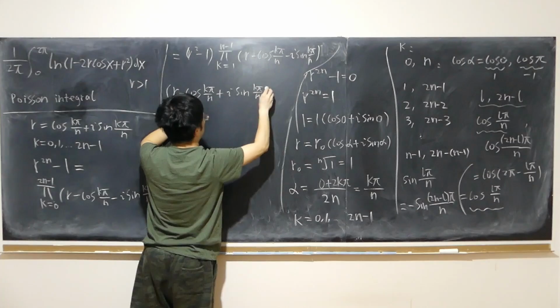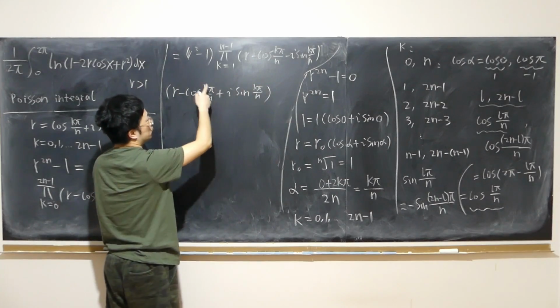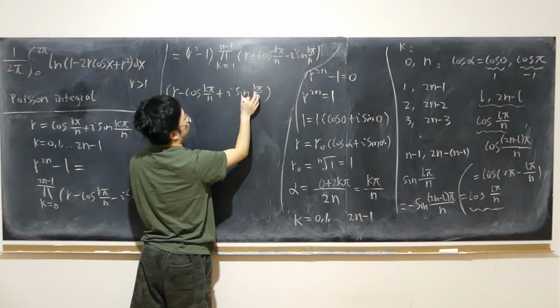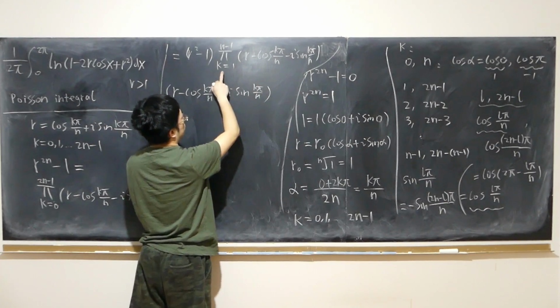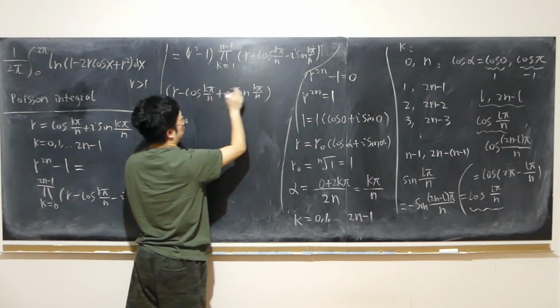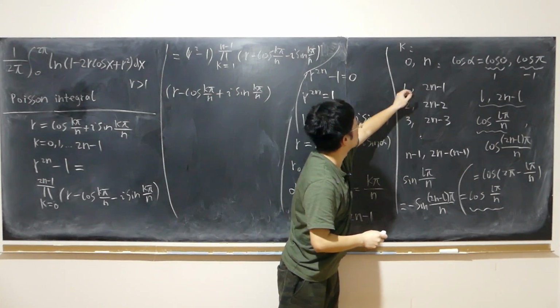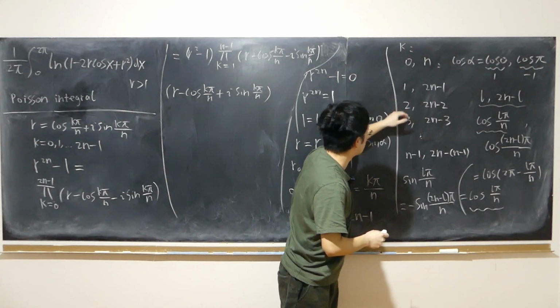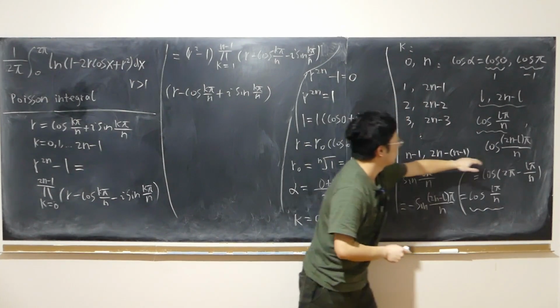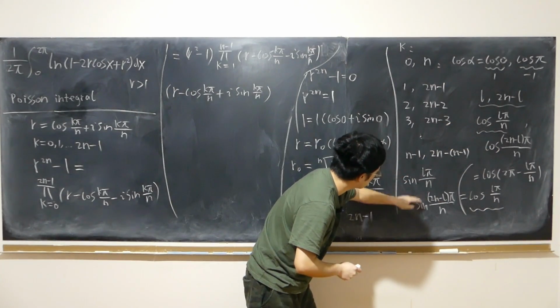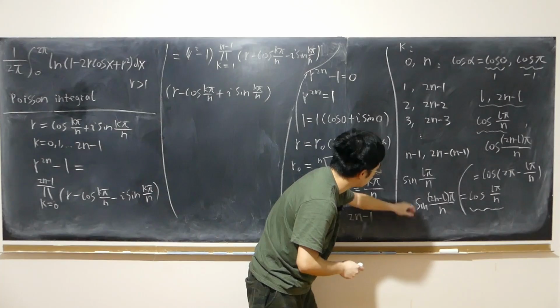So when k is equal to 1, cosine are the same, sine are opposite sign. K is equal to 2, cosine are the same, sine are opposite sign. Like I said, each one corresponds to that one, cosine exactly the same, sine happen to be the negative of that.